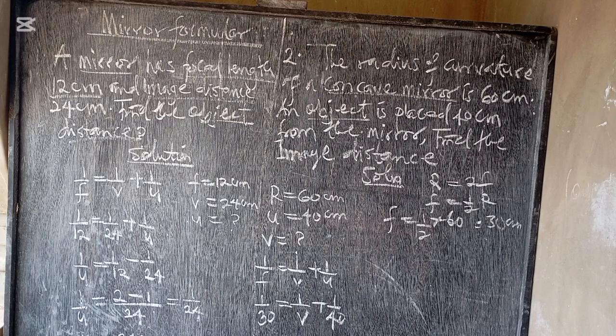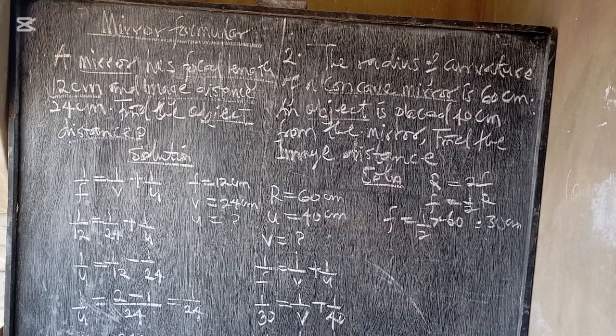So 1 over v is equal to 1 over 30 minus 1 over 40. What is the LCM? I can say 120. 30 in 120 is 4, and 40 in 120 is 3.